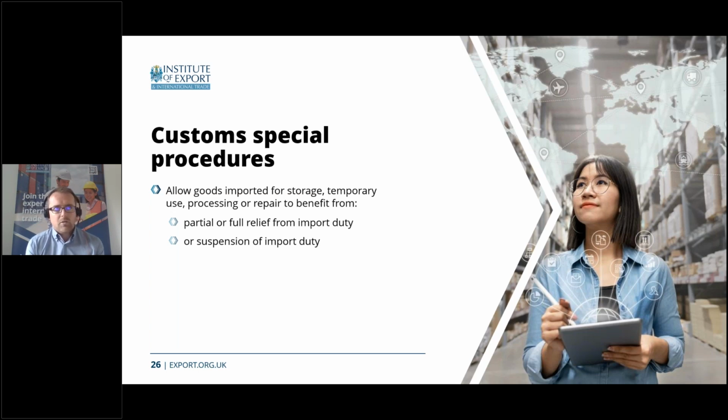When you apply for these, you are expected to provide a lot of detail around the movement of your exports and imports, especially those that are going to benefit from the customs special procedure. There's a lot of benefit there for cash flow because you're not having to pay any duty, perhaps at import. It may be suspended for an indefinite period, depending on the nature of the special procedure adopted.